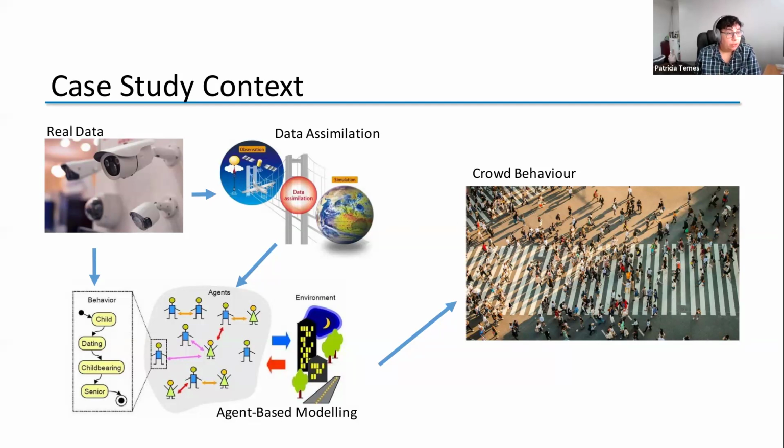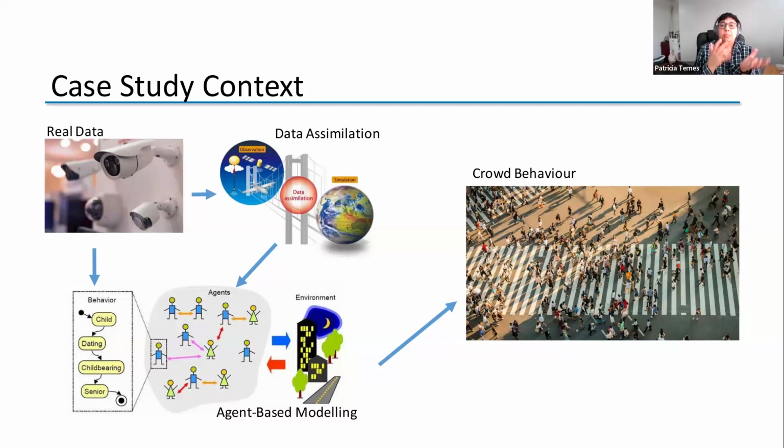In social sciences, it's very common to use agent-based modeling simulation. That is pretty much having individuals, and the individuals can interact with each other as well as with the environment. The individuals behave according to a set of if-decisions.